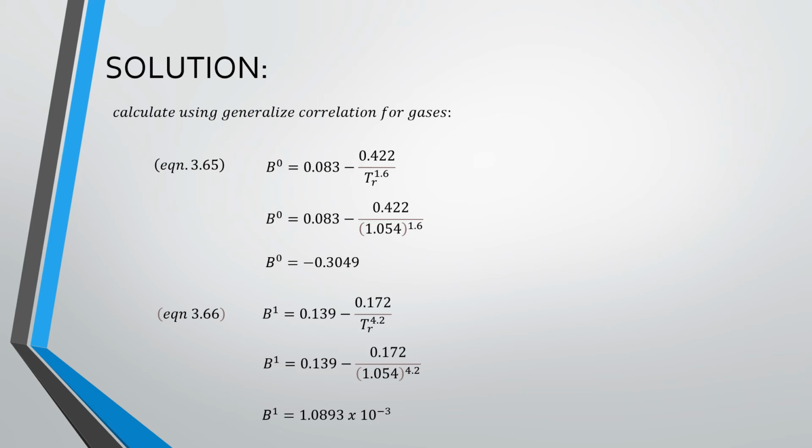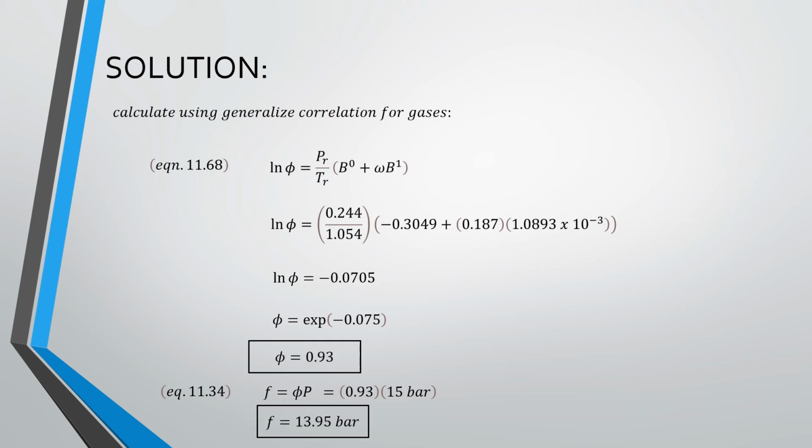We need a value of B0 and B1. Using equations 3.65 and 3.66, we get B0 equal to negative 0.3049 and B1 equal to 1.0893 times 10 to the negative 3. Lastly, we solve for phi and fugacity.